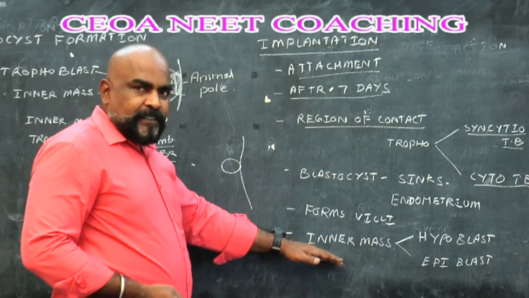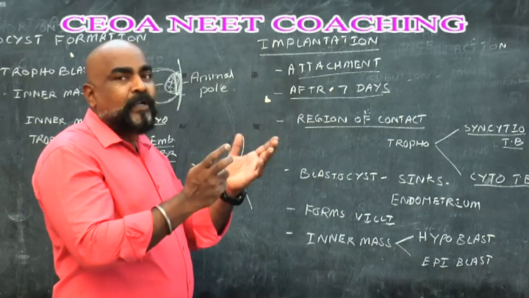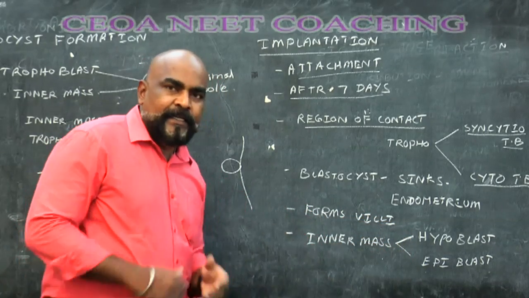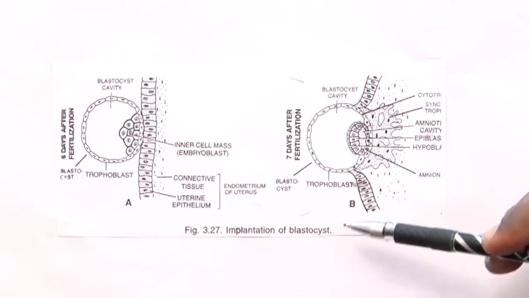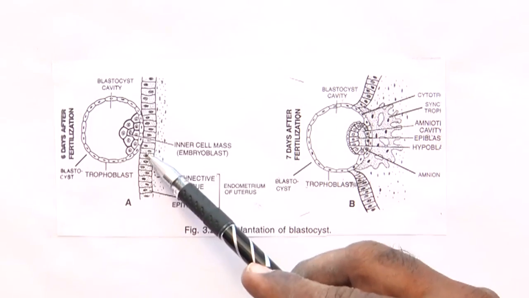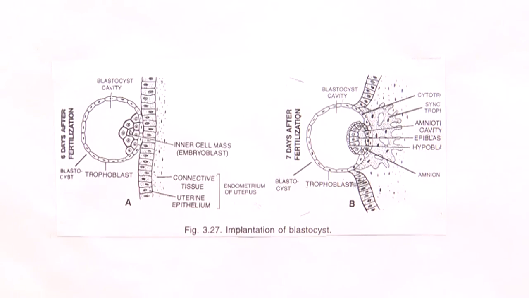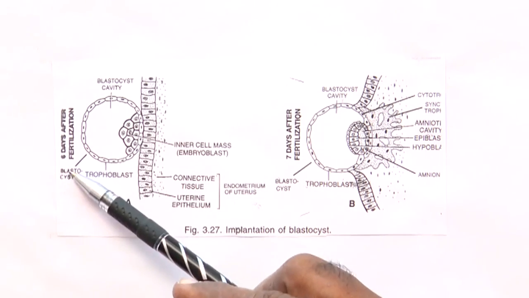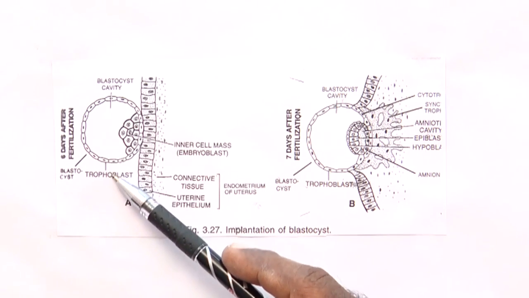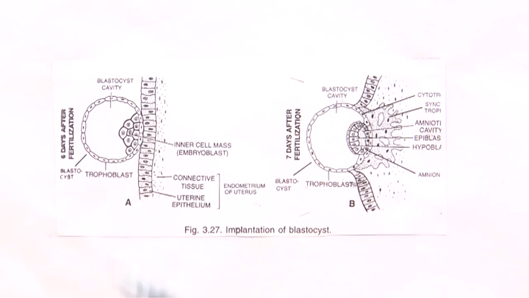Within the inner mass, the cells are differentiated into 2 layers. One is the hypoblast and the other is the epiblast. In this diagram you can see how the blastocyst gets implanted in the endometrial wall. So this is day 6. This is the blastocyst, and you can see the trophoblast and the inner mass. It comes and binds here.